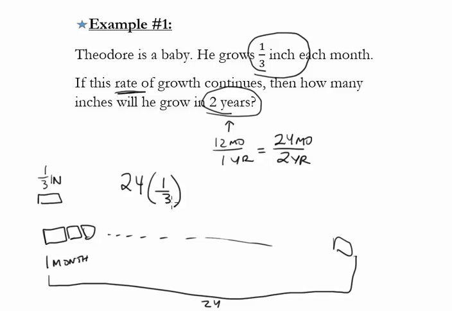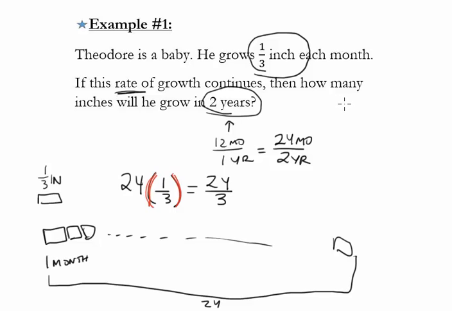Of is multiply. He's growing 1/3 of an inch 24 times, which is equivalent to 24 thirds.